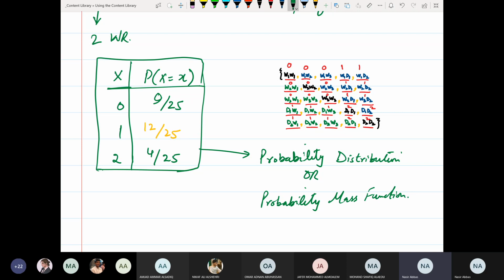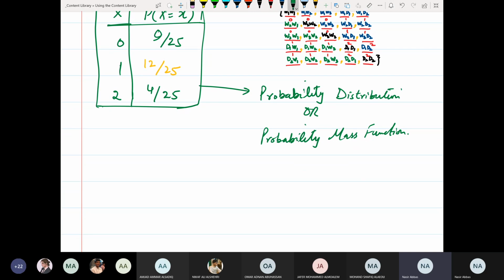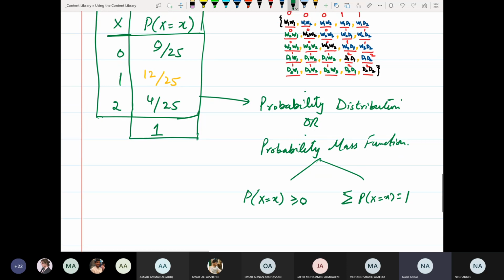And there are two properties of this table. The probabilities are always non-negative and the sum of probabilities is always 1. If you take the sum of this column, that will always be 1. So these two properties are always fulfilled by this table.